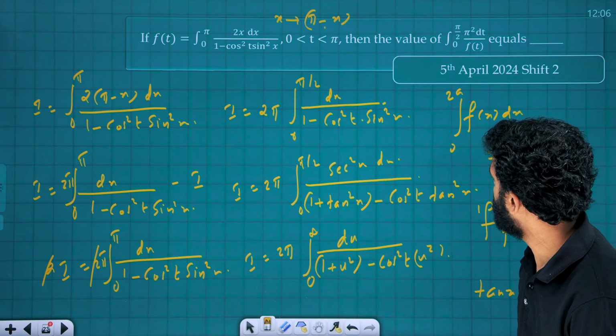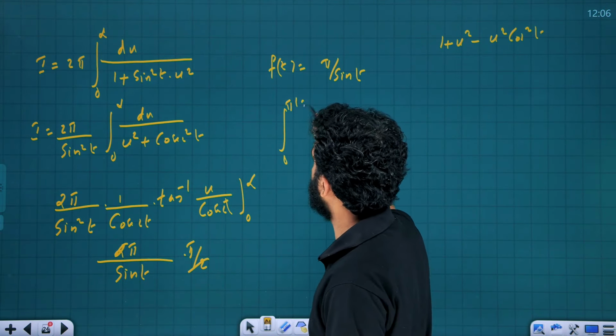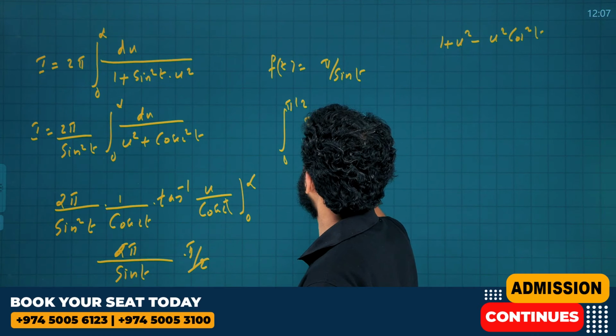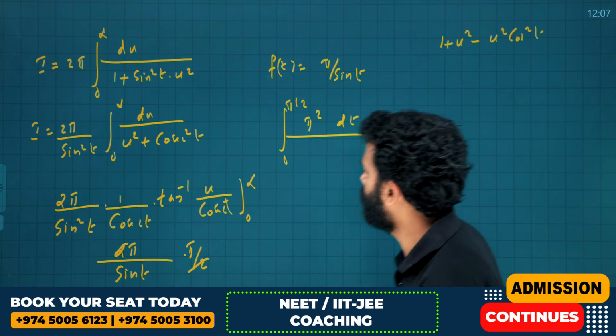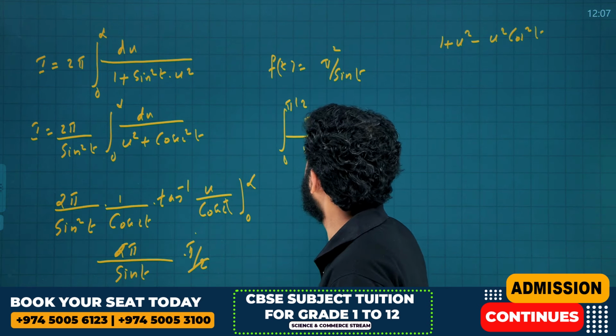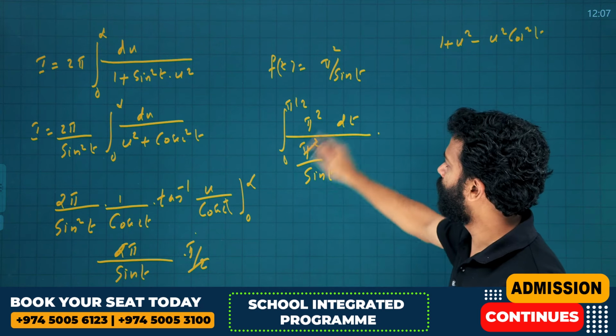But what you should find out here? 0 to pi by 2, pi square dt by f of t. Pi into pi is pi square. This pi square divided by pi by sin t. It's very easy. Pi square got cancelled.